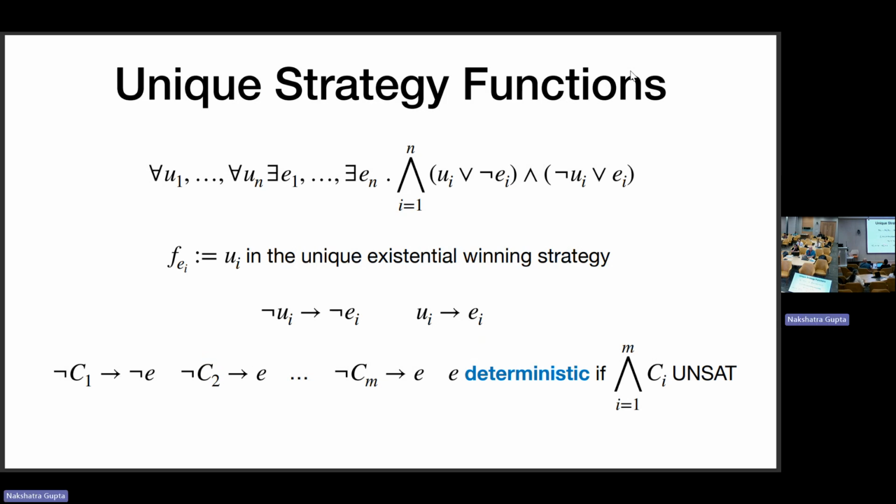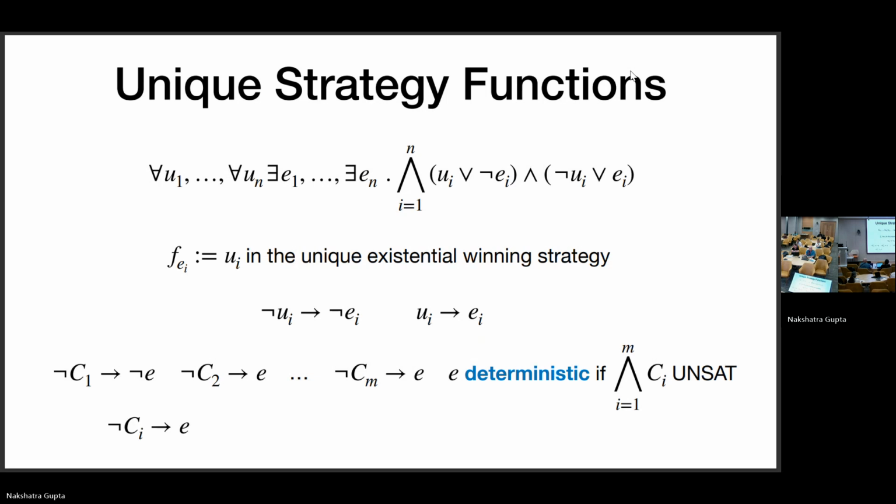Or the other way around, in case this is satisfiable, then it is possible that none of these rules, or implications read as rules, fires. But if it's unsatisfiable, one of these cases will apply.